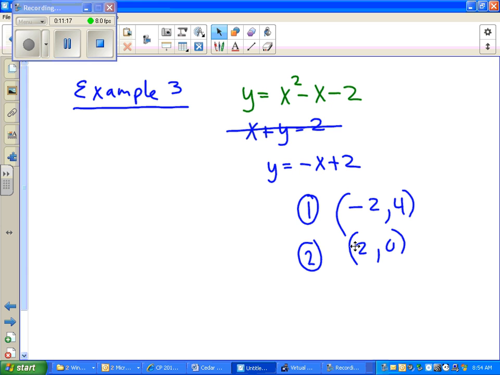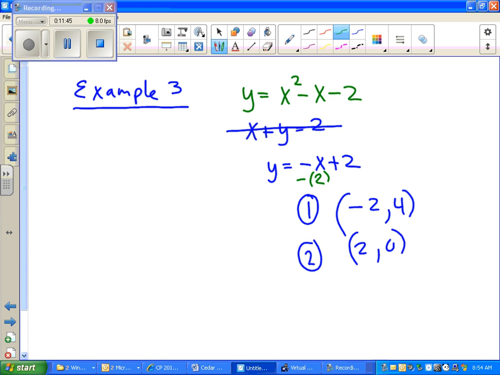Now, what would be a way to check these if I wanted to see if these were correct? Because you can't always trust the calculator. If I put a 2 in for x in any of these equations, I should get a 0 for y. So try this one. If I put a 2 right here, is negative 2 plus 2 equal to 0?